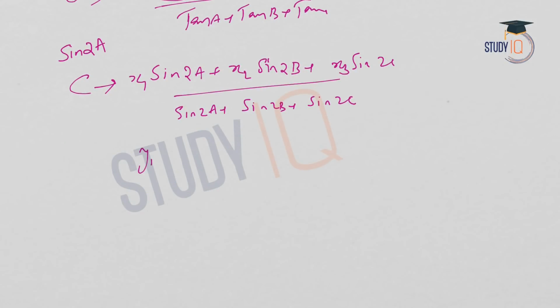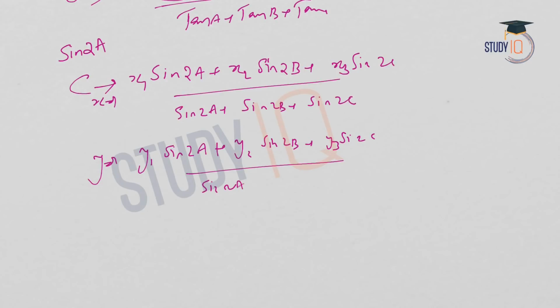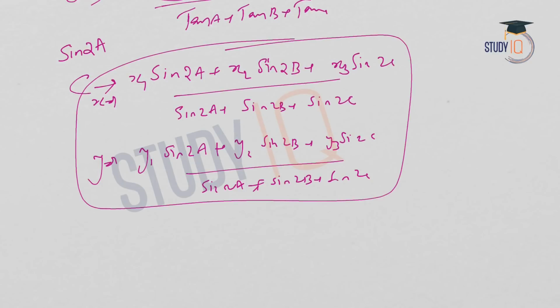Similarly, y coordinate, (y1 sin 2a + y2 sin 2b + y3 sin 2c)/(sin 2a + sin 2b + sin 2c). So this is your x coordinate and y coordinate, and this is your circumcenter.